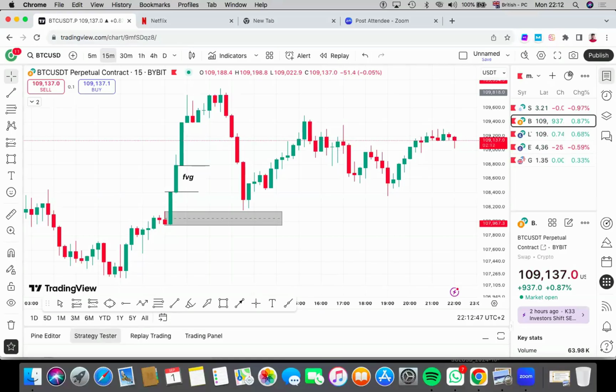They have so much money that if they place all this $100 billion, it's going to push the market very high. And there are a lot of sell orders above. So what they do is they split.